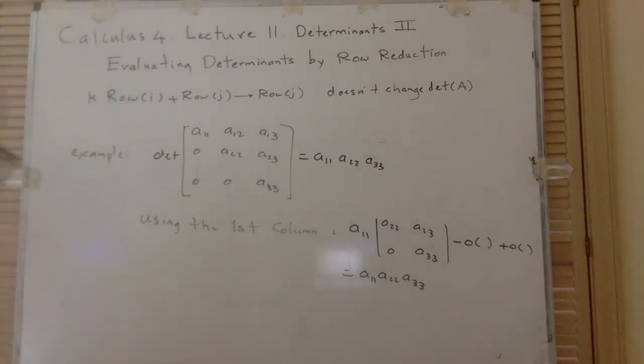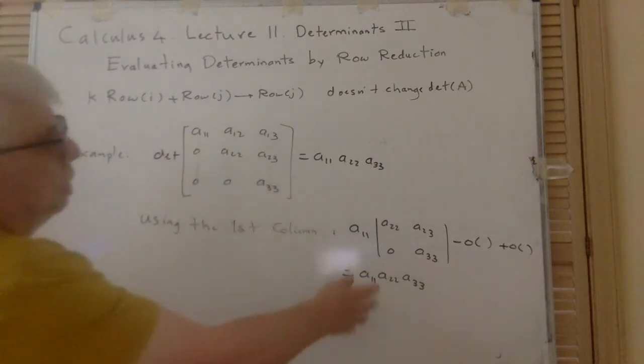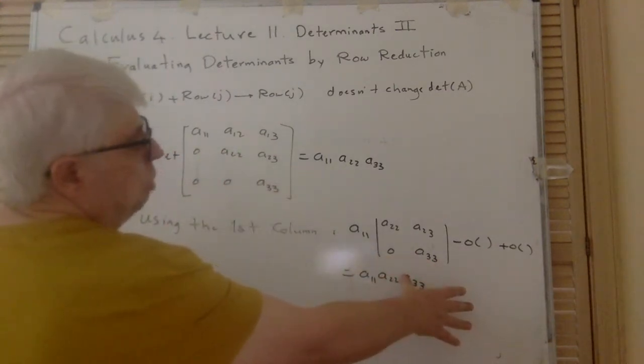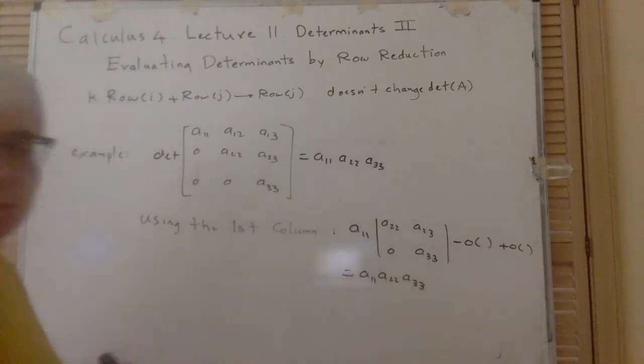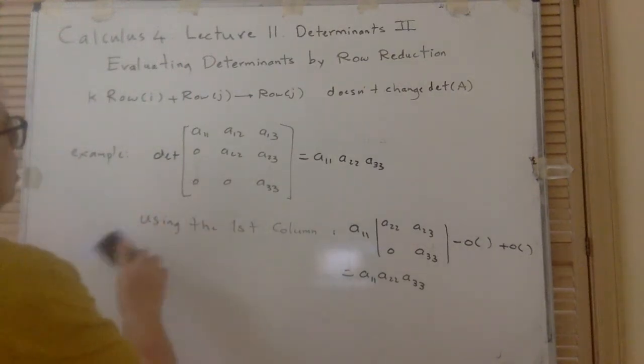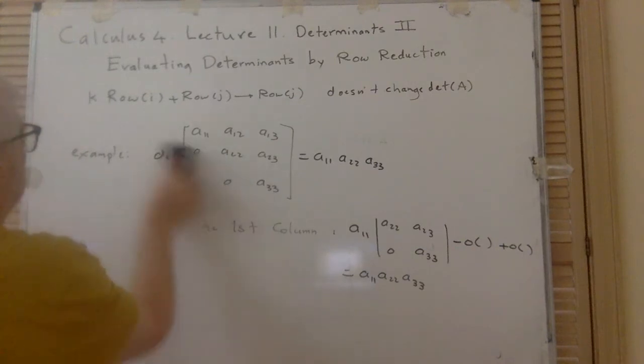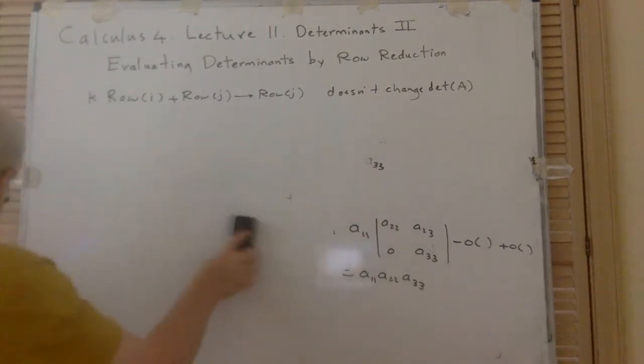That's all. And you can guess this: you can just expand, then you will get 3 by 3, or n by n, n minus 1 by n minus 1, and so on. So I'm not going to do that. You can use induction, for example, to show that. But let me give you an example here.